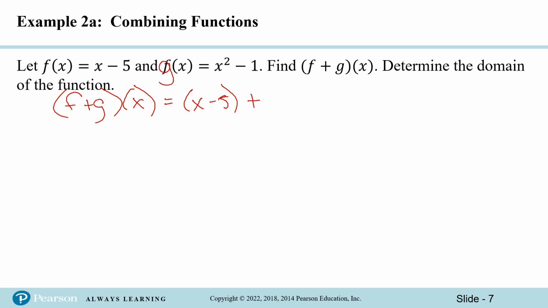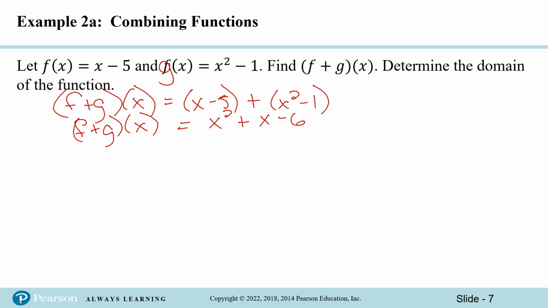This should be g of x. Add x squared minus 1. We're going to add those together. And it looks like combining like terms, we have an x squared, we have an x, and we have a minus 6. So f plus g of x is equal to x squared plus 6x minus 6.